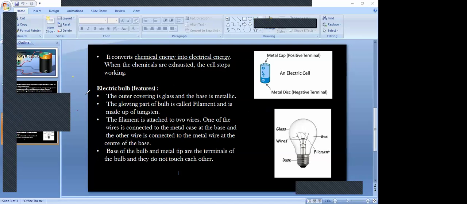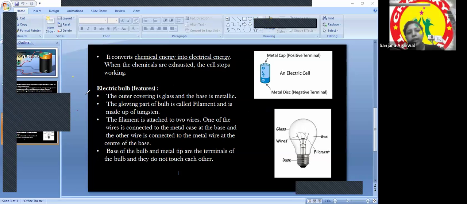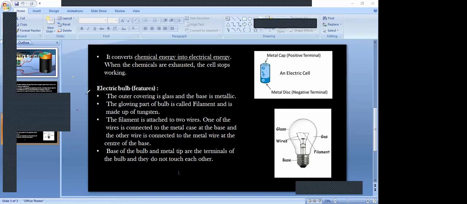Ma'am, we need to only draw or write? You can leave the writing part for now because I'll be uploading a PPT. You can note down from there. Okay, ma'am. Right now, just draw the diagram. Ma'am, diagram is over. Should I write electric bulb features?